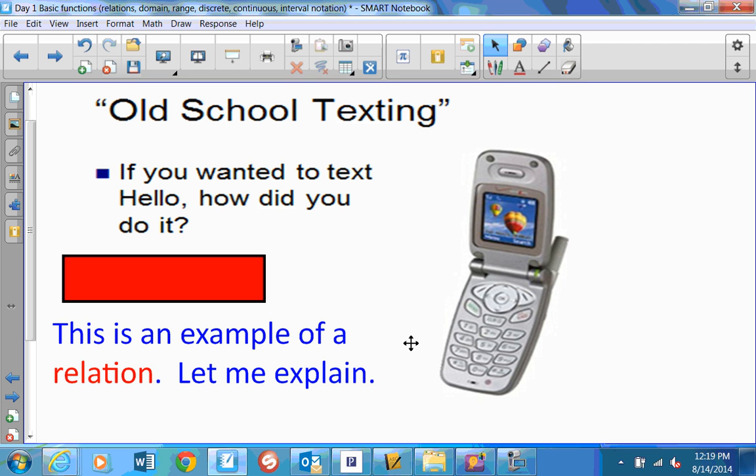If your phone had old school text on it, how would you say hello? What numbers would you push and how many times to make hello?